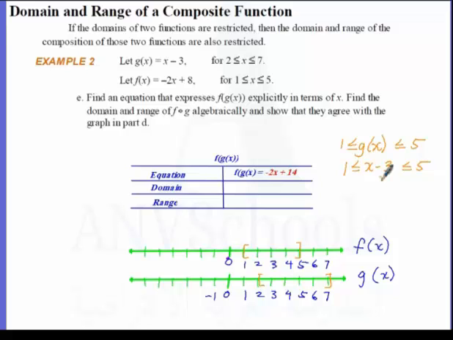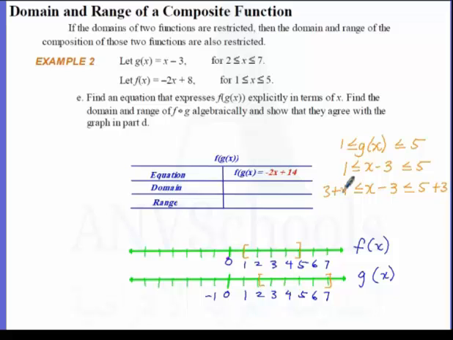What we are going to do here is to get an x expression in the middle. So we're going to transpose the negative 3 to the opposite sides, both sides. That means we're going to add 3 to each of the terms given here.